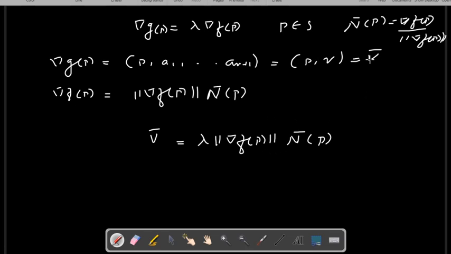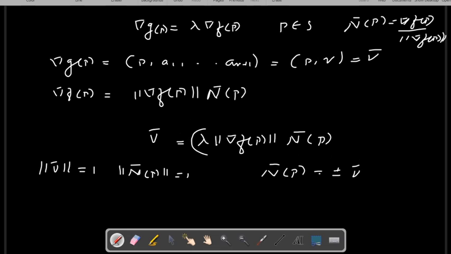But where is v bar coming from? V is an element of your Sn, so that implies norm v bar must be equal to 1 because it is a unit sphere, and norm of n bar of p is also equal to 1 because it is a unit normal. Both are unit vectors, so this constant can be plus or minus 1 only. So n bar of p can be plus or minus v bar.